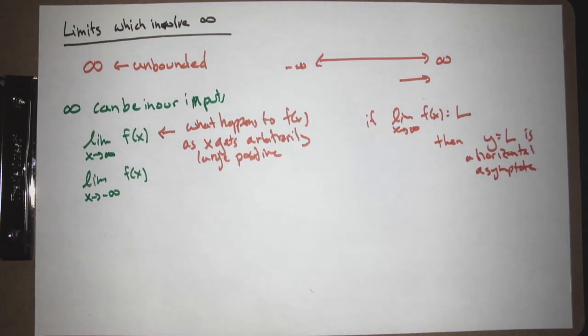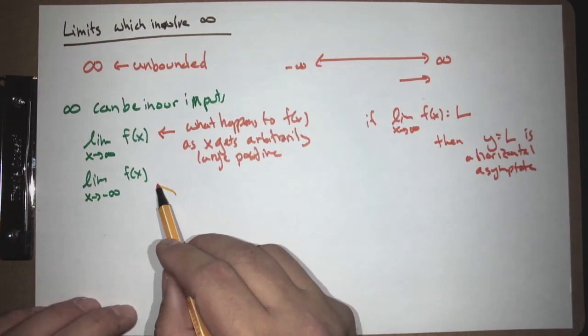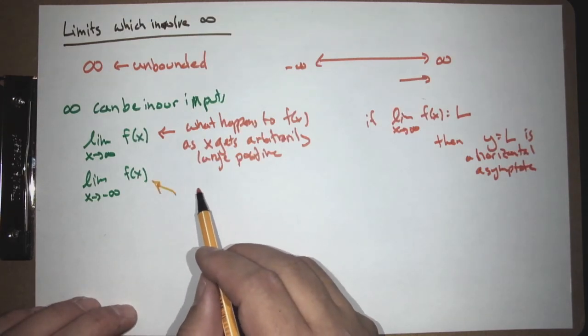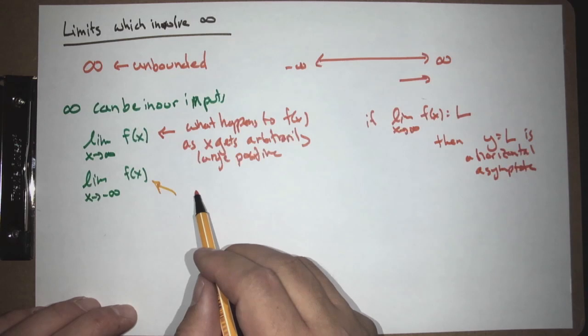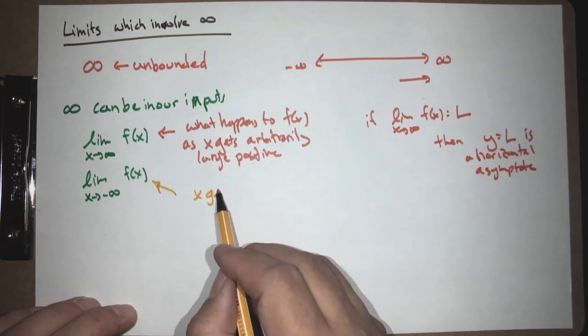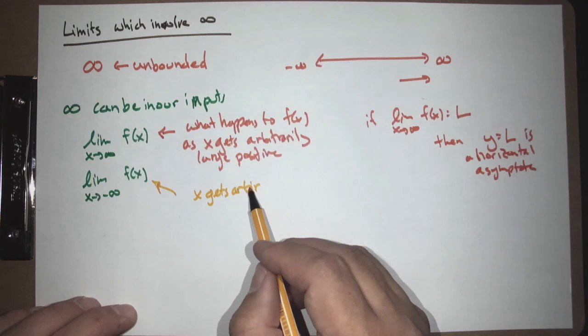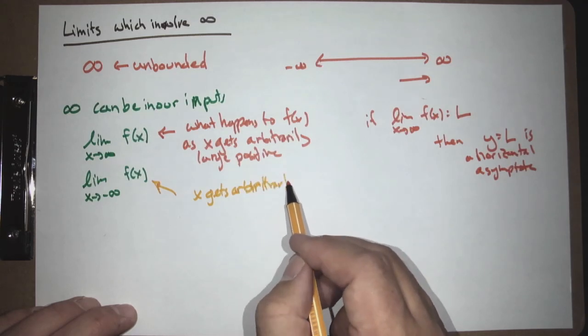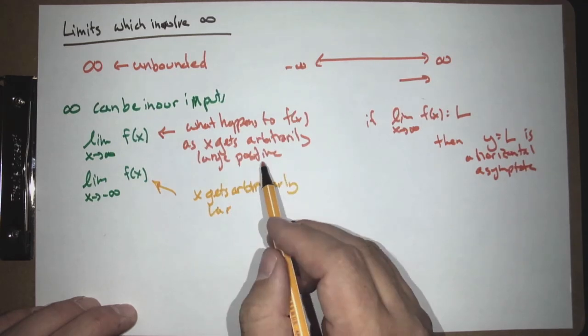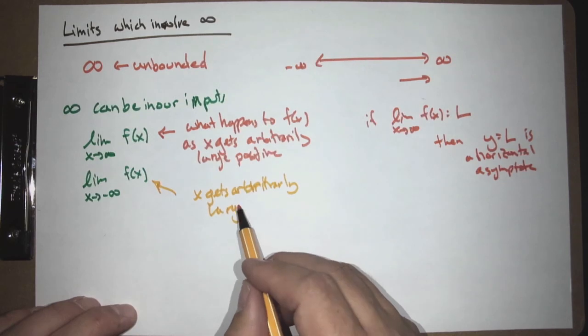Okay, similar idea for negative infinity. What's the only difference as we go to negative infinity? Yeah, x gets large, but not arbitrarily large positive, arbitrarily large negative.